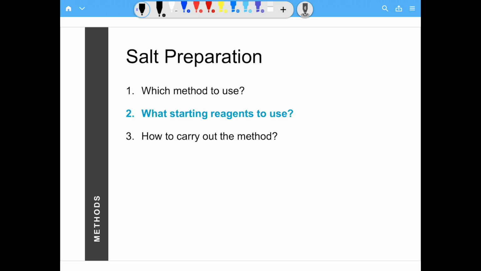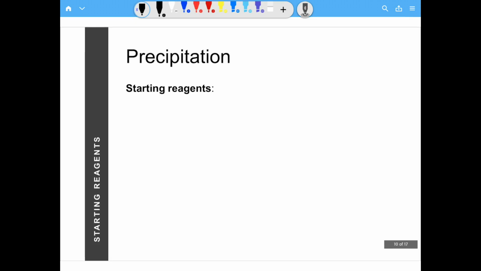Now for each method there are different recommendations, so we'll look at one method at a time. For the precipitation method, the starting reagents would be 2 solutions containing the ions in the salt to be prepared.